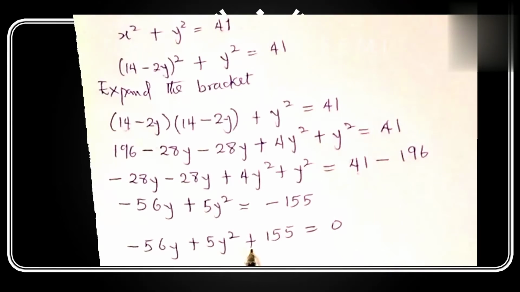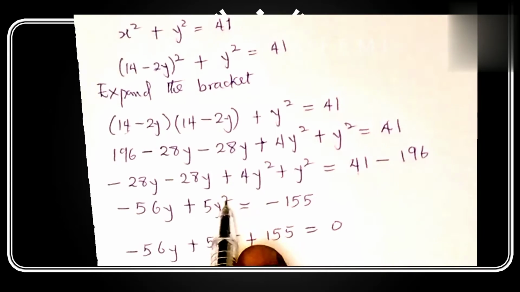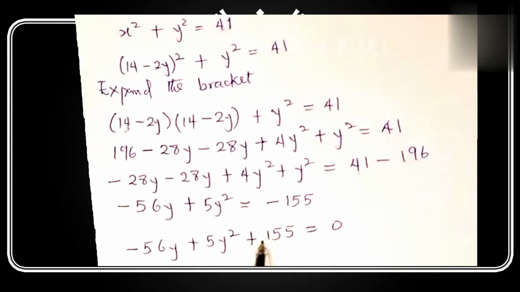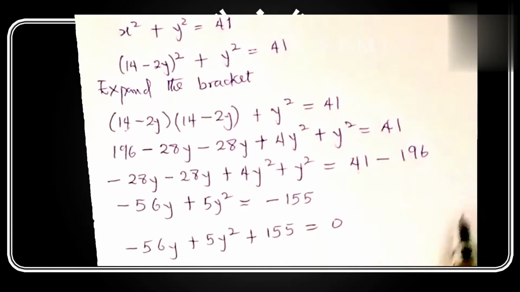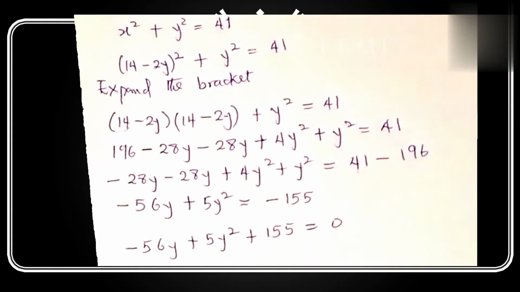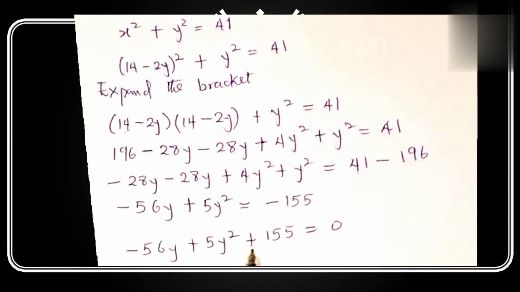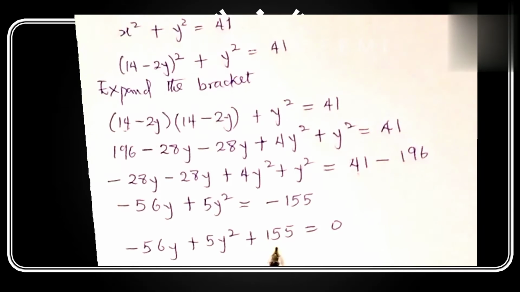This has taken plus because it has crossed from the other side of the equation to the left side, so the sign with it also changes to the opposite. That is why from minus 155 on the other side, it is taken over to plus 155 on this side of the equality sign.